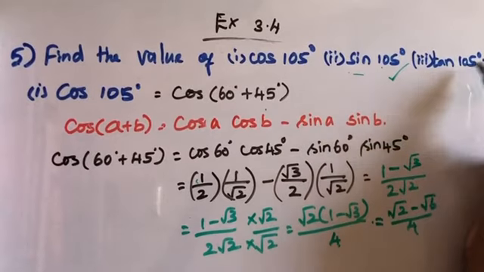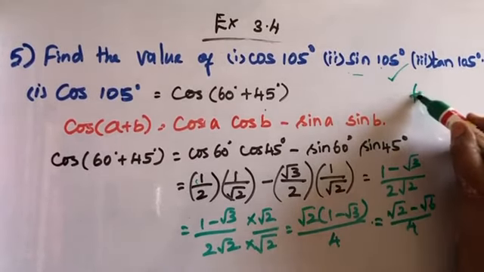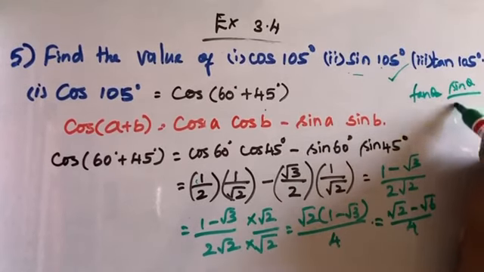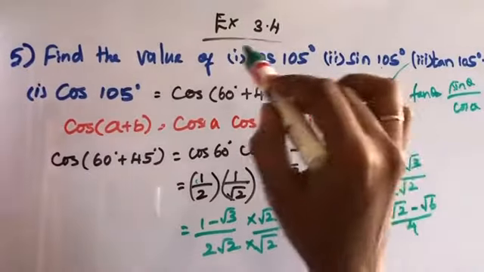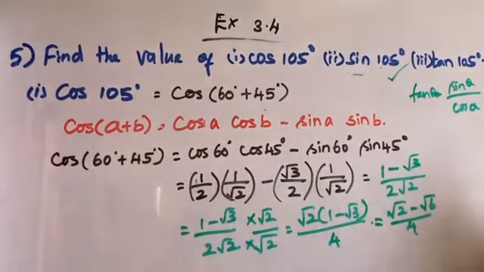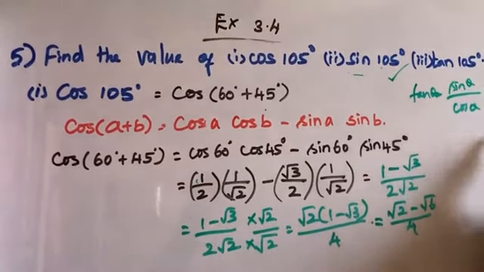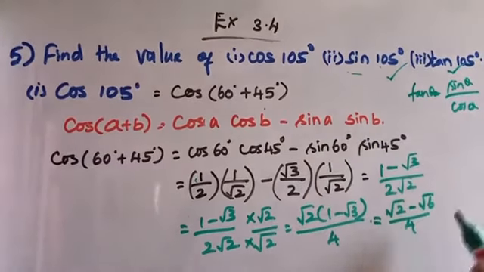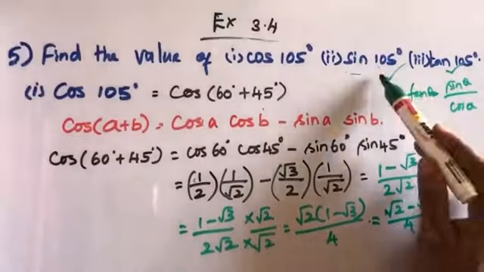Similarly, tan 105. You know tan is equal to sin by cos, isn't it? Tan theta is equal to sin theta by cos theta. We have the values for sin 105 and cos 105. If you divide those two values, you will get the value for tan 105 also. So, you can complete the rest.